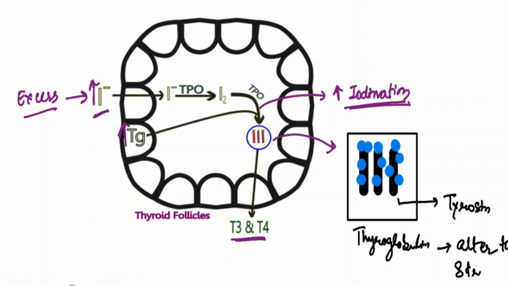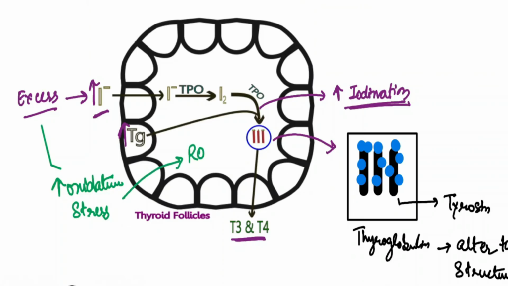And now the immune system no longer recognizes this heavily iodinated thyroglobulin as self. And secondly, with the excess of iodine, the thyroid gland has to work harder to make hormones. This leads to increased oxidative stress, and increased formation of harmful molecules like reactive oxygen species.